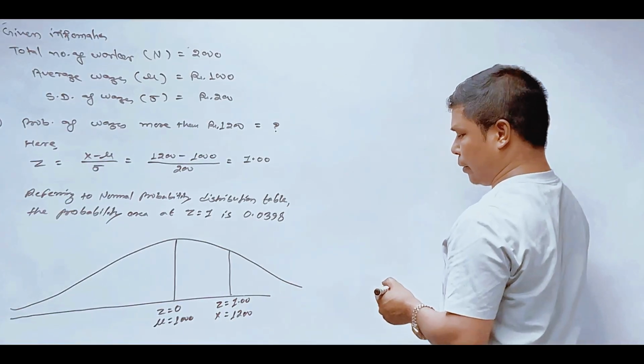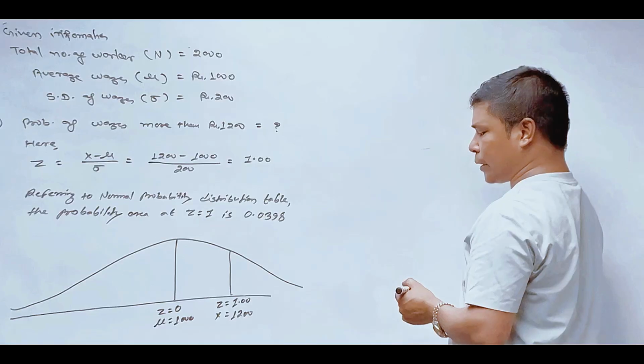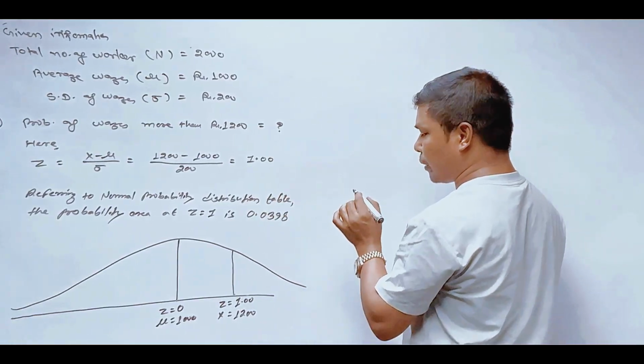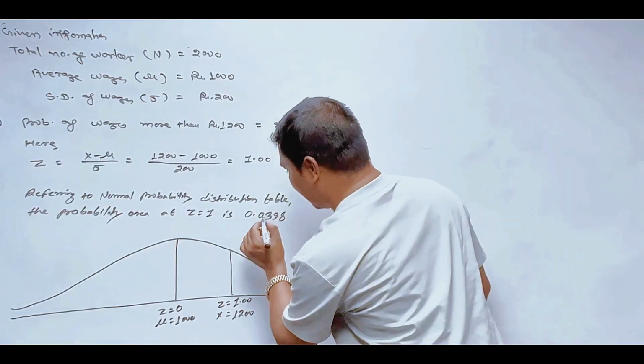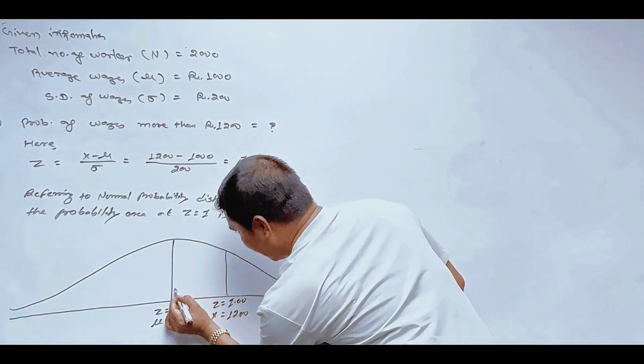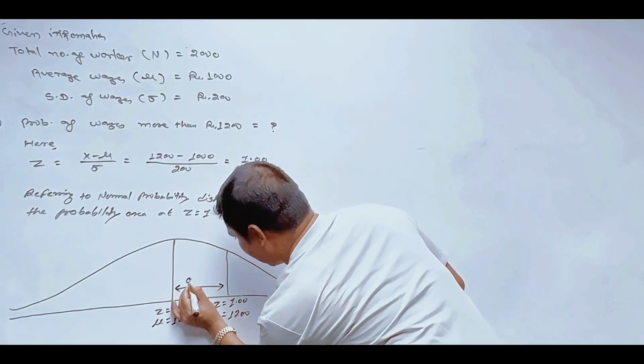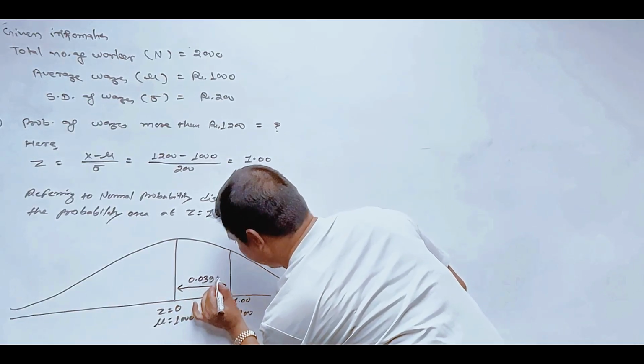We also find the probability area, which has been located from the central value up to Z equals 1, which is 0.3413.